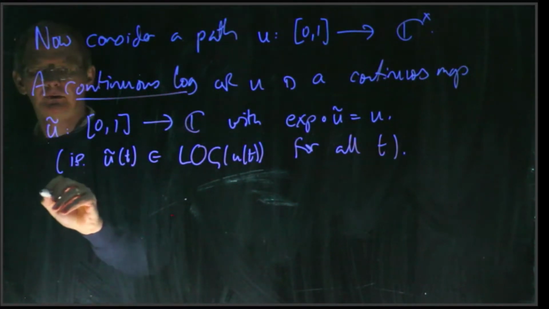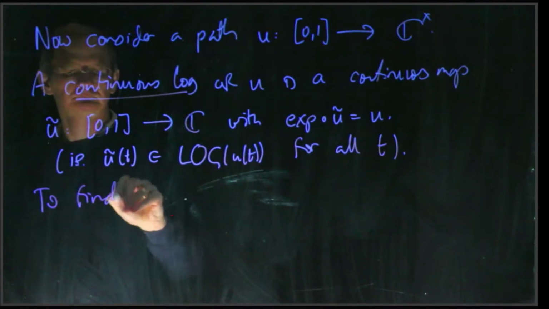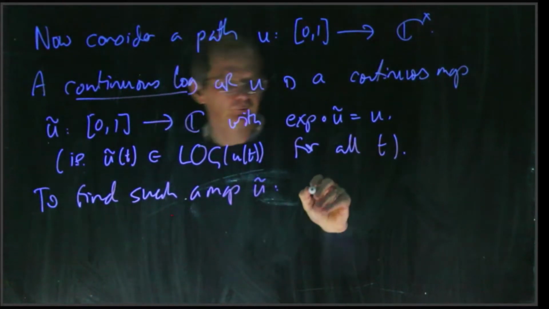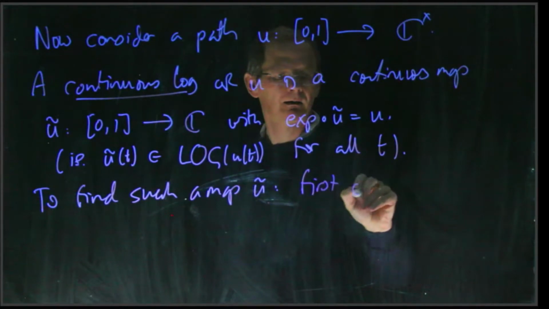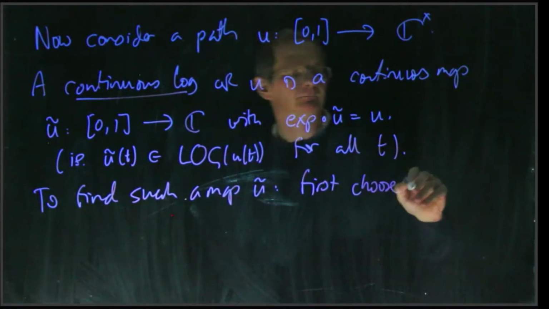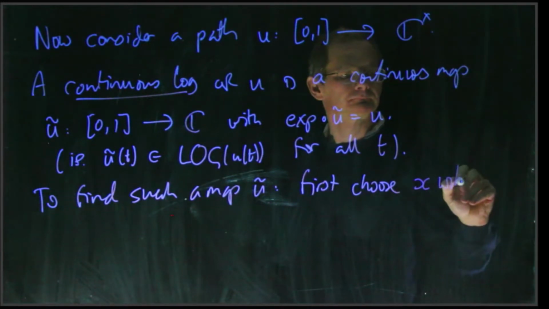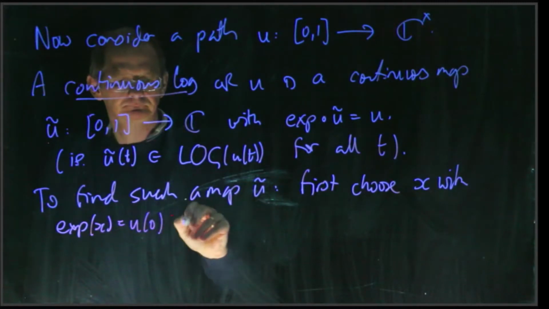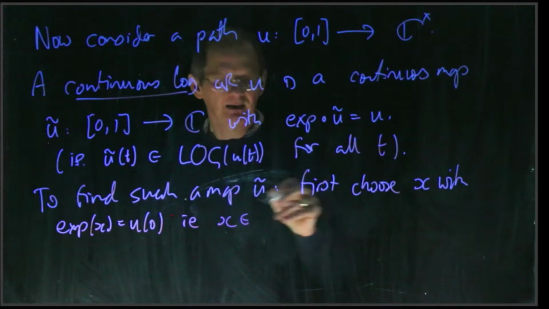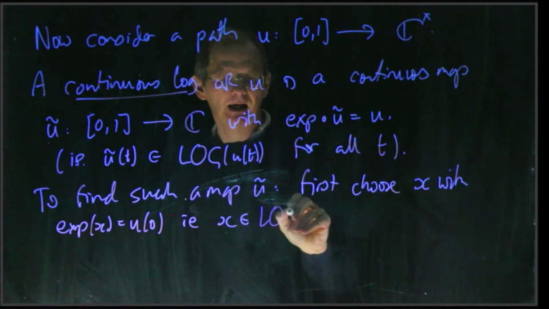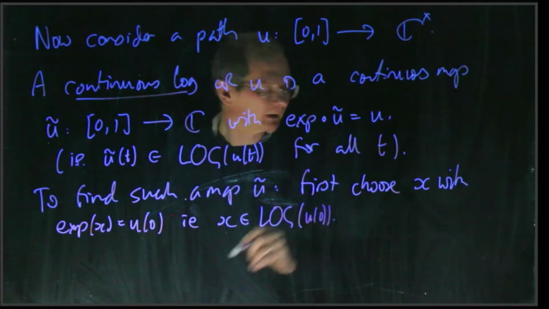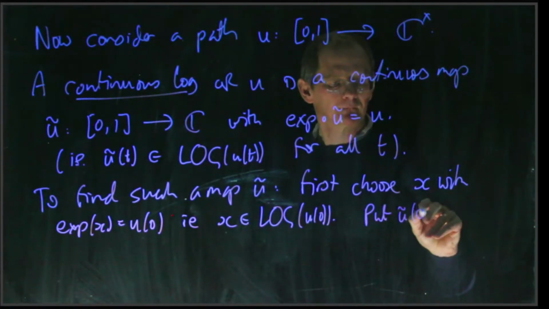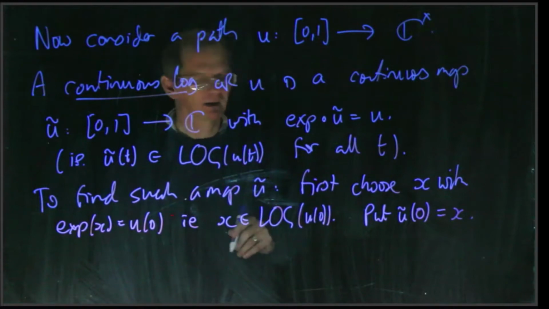So how do we know that there is such a thing? We first choose x with the exponential of x equal to u of 0. In other words, x is in capital Log u of 0. Then we define u tilde of 0 to be x.